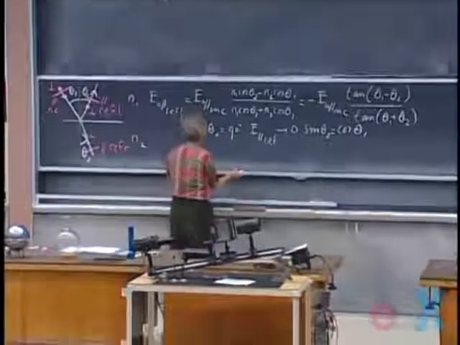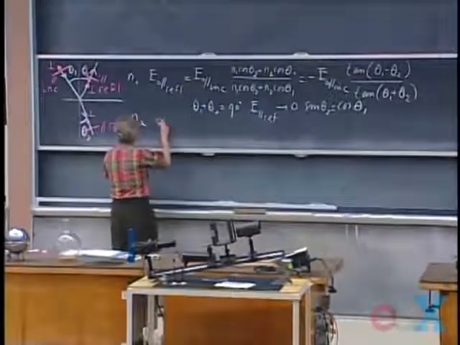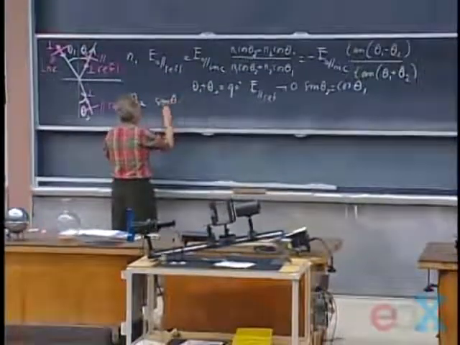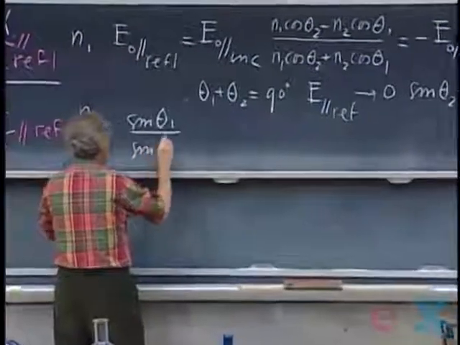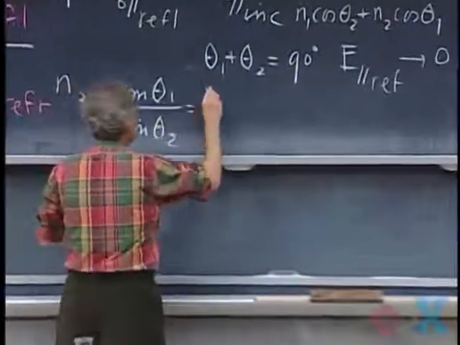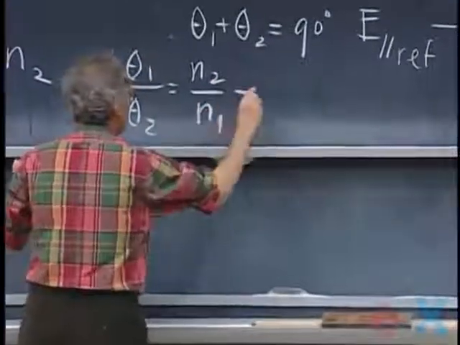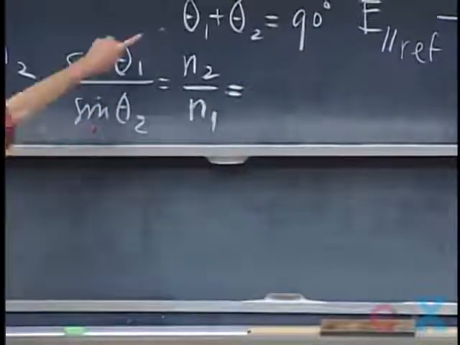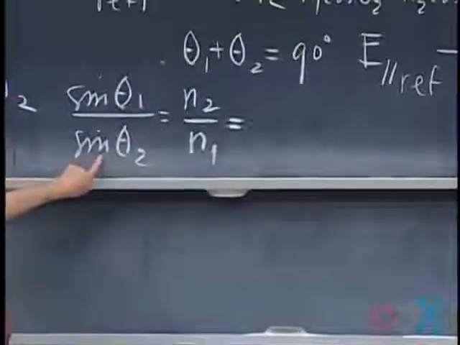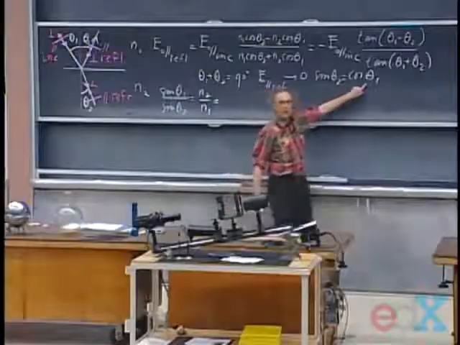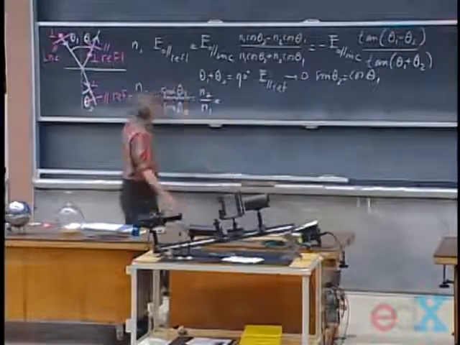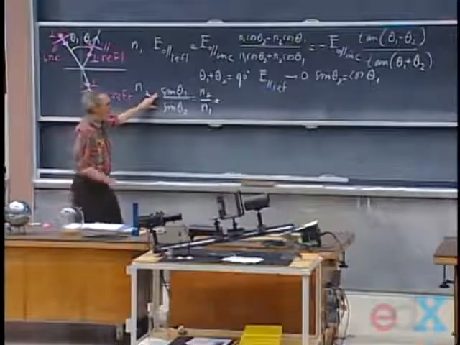remember Snell's law, which says that the sine of theta 1 divided by the sine of theta 2 is N2 divided by N1, I can replace, only for this special case, the sine of theta 2 by the cosine of theta 1. And so I now get the tangent of theta 1.